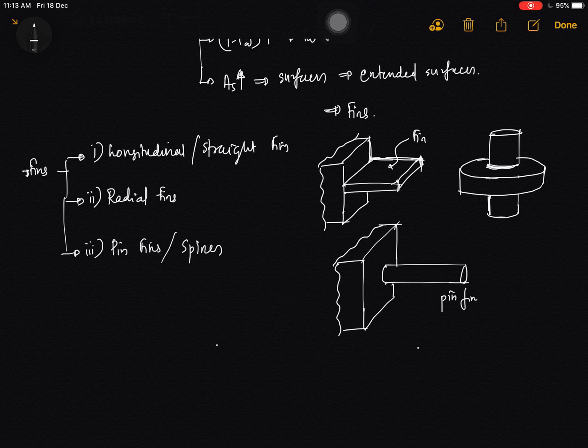So this is the surface from which the pin fins are extended, and these are pin fins, and this is the radial fins, and this is the longitudinal or straight fins.